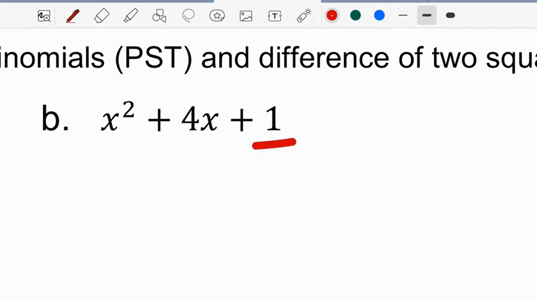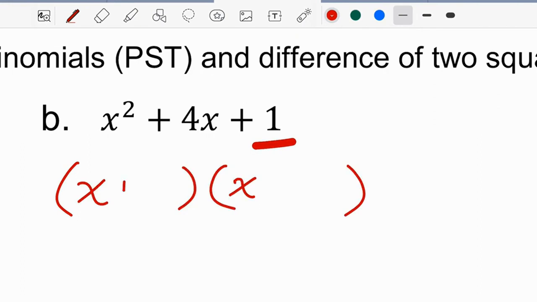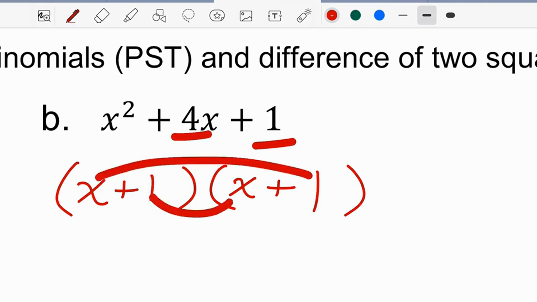You say, what do you mean it doesn't have the right look? Well, the number that 1 came from, yeah, it had to come from 1, basically like a plus 1 and a plus 1. Now, wait a minute. That's not going to work, because this 4 right here isn't twice the product of 1x and 1x.